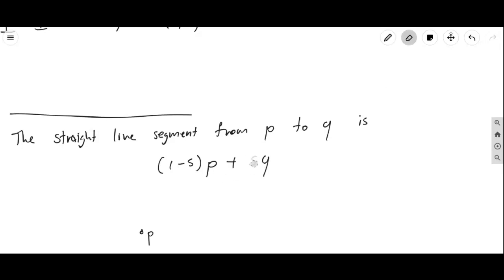If you set s equal to 1, the first term goes away and that gives you Q, which you also draw as a point. Now if you let s flow from 0 to 1, that gives you a straight line moving like that. So that's the straight line segment from P to Q.